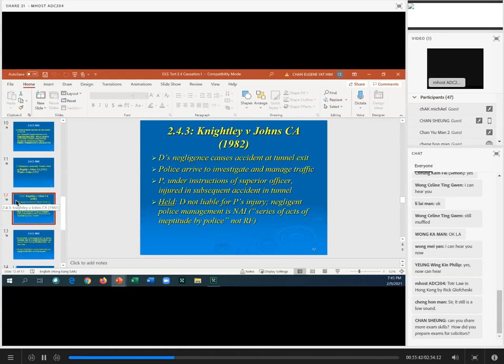Yes. But what was not reasonably foreseeable in Knightley and Johns was that the police would act in such a way, a series of acts of ineptitude by the police, contrary to their normal standing orders. And the court said that this was not reasonably foreseeable. It was not reasonably foreseeable that the police would be so bad, if you like, in handling the situation.